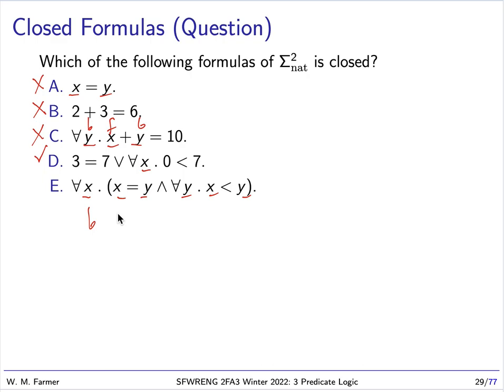This is bound, this is bound, this is free. There's no quantifier outside that's binding y. This is bound. This one is bound by this quantifier, and this is bound. So there's one free occurrence, so this is not closed. Only D is closed.